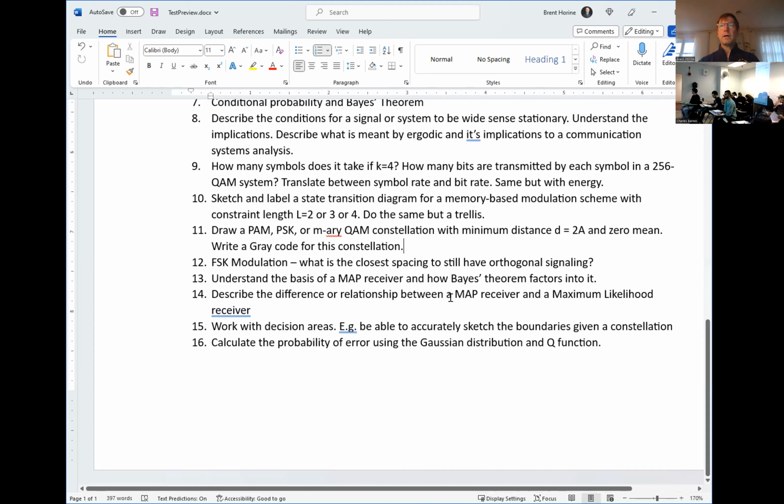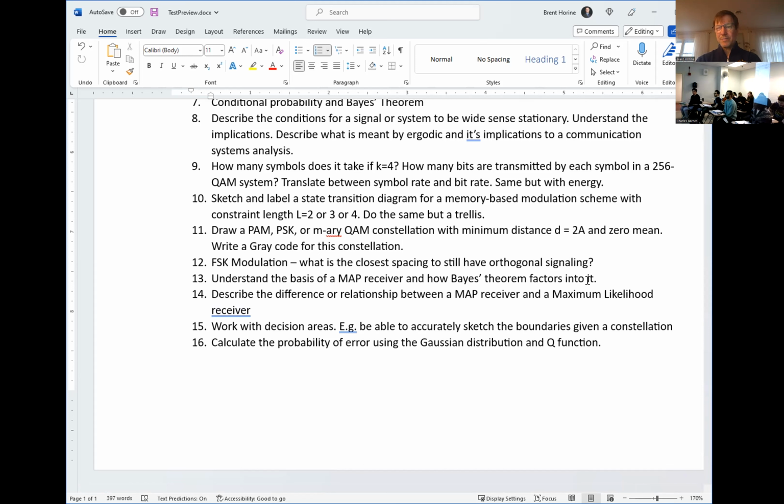And then it's important to understand that if all of our bits are equally probable, then we can determine the probability of M, the message being sent.